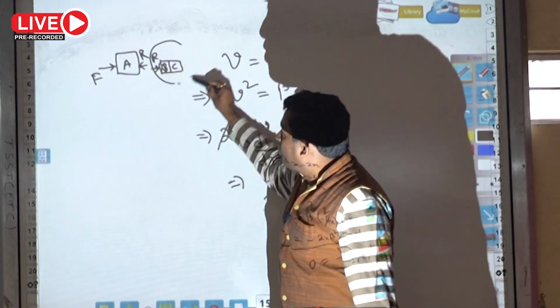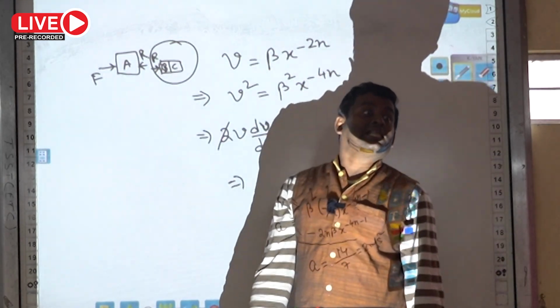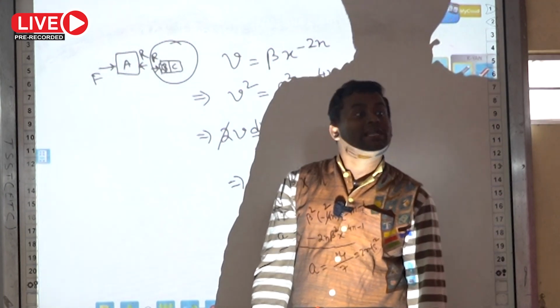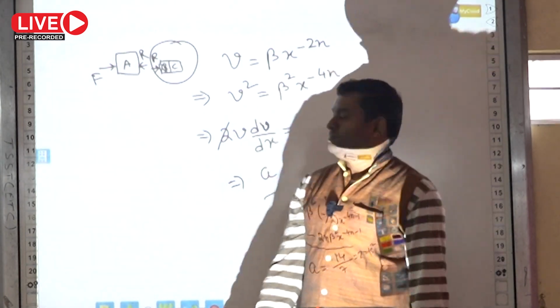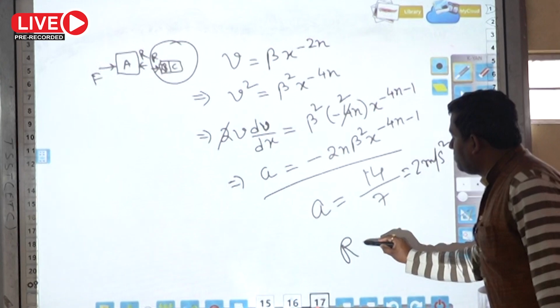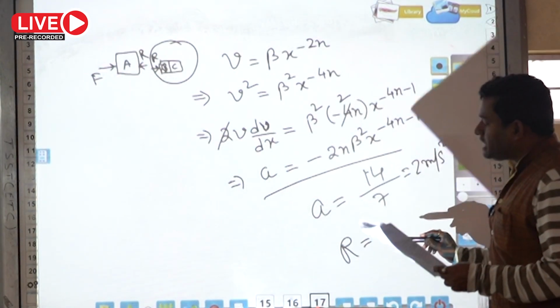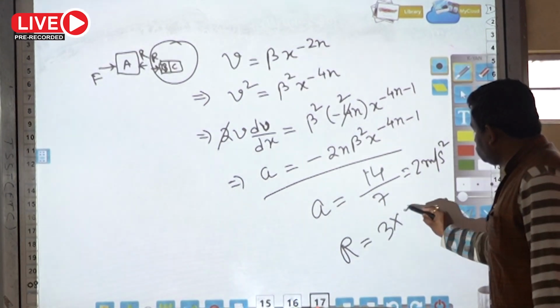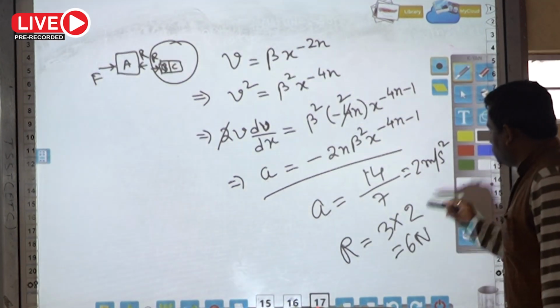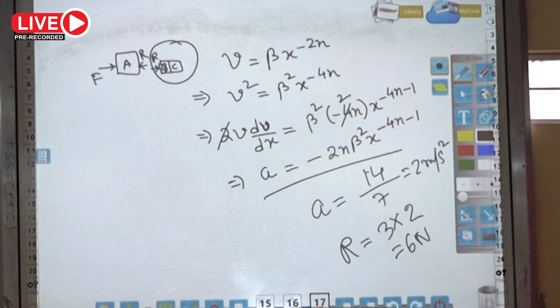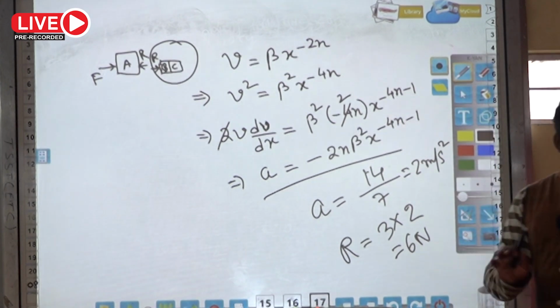So always to find, multiply the remaining mass, you will get only R, because R will be equal to mass of B plus C. Mass of B plus C is 2 plus 1, that is 3, 3 into 2, 6 Newton. From A you can also calculate.